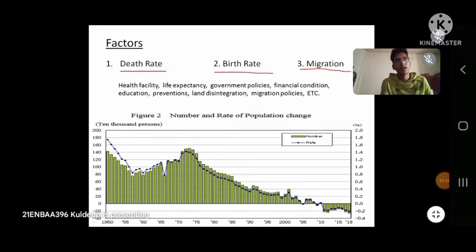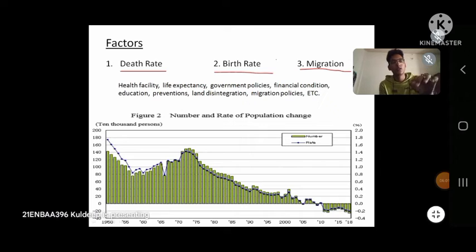Some say that controlling the death rate may help in controlling the population, whereas some say controlling the birth rate may help, and some want to ban the migration. Migration is when people who are not the original citizens of the country migrate from other countries to the particular country.